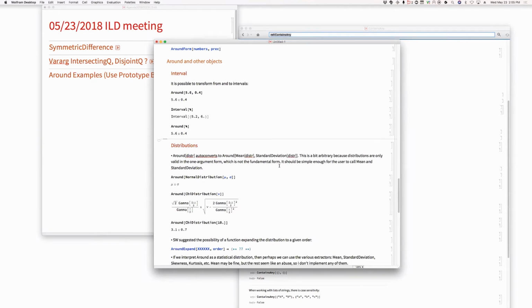So when people quote 1 plus or minus 0.2, they think they're quoting the 1 sigma. Yes, exactly. If not otherwise stated. What do you mean if not otherwise stated? If they say 1 plus or minus 2 at 90% confidence level or something like that?